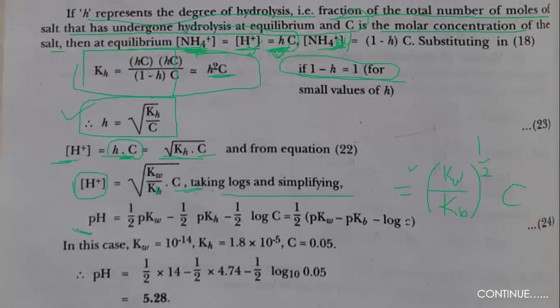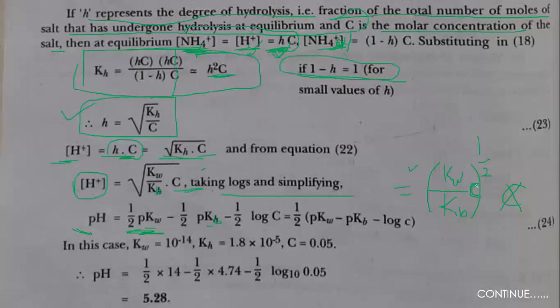By taking the log of this, you will get pKw, the negative log of Kw is pKw, and the negative log of Kb is pKb, and minus log of C, all raised to 1/2. Sorry, this should be in the square root.